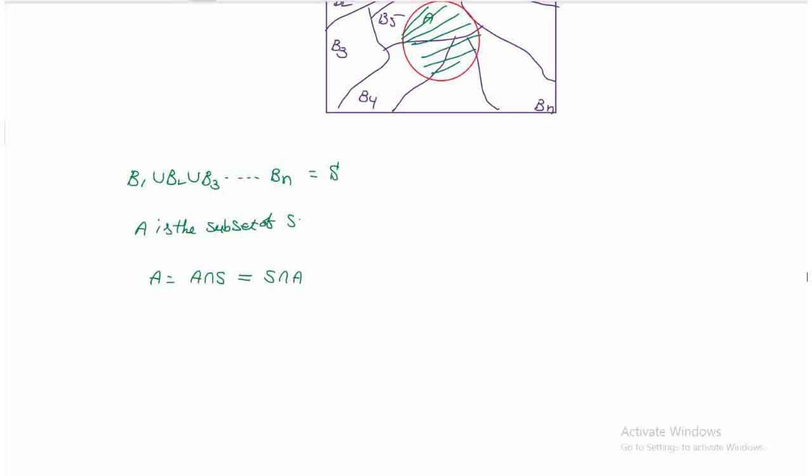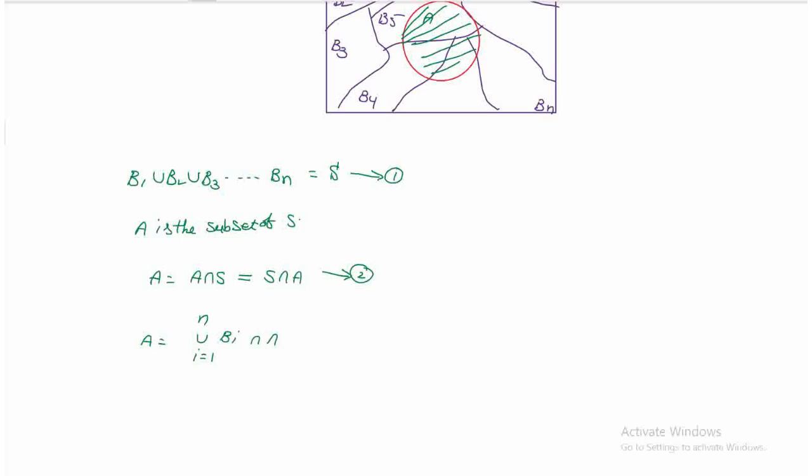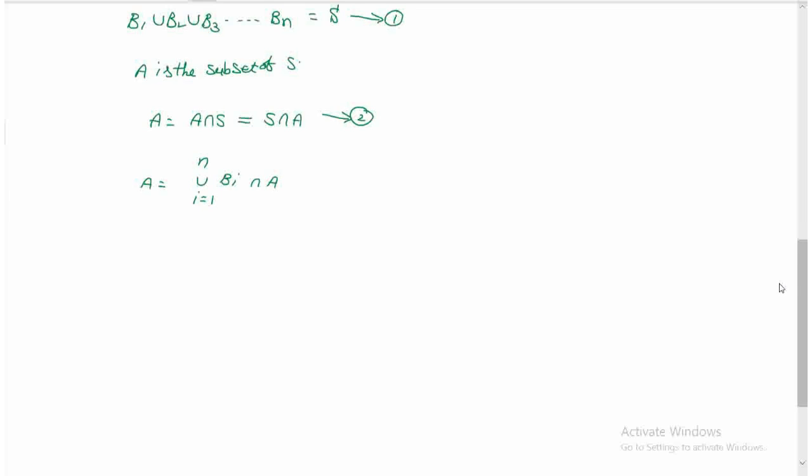Now substituting equation number 1 in equation number 2, we get A equal to union of i equal to 1 to n Bi intersection A. This is further carried over here as A equal to union of i equal to 1 to n A intersection Bi.